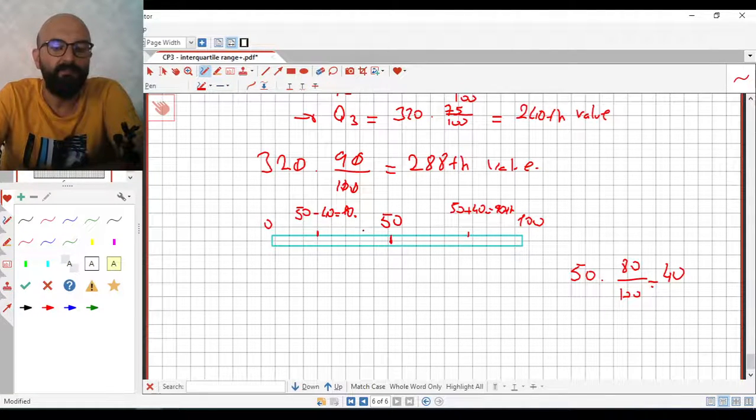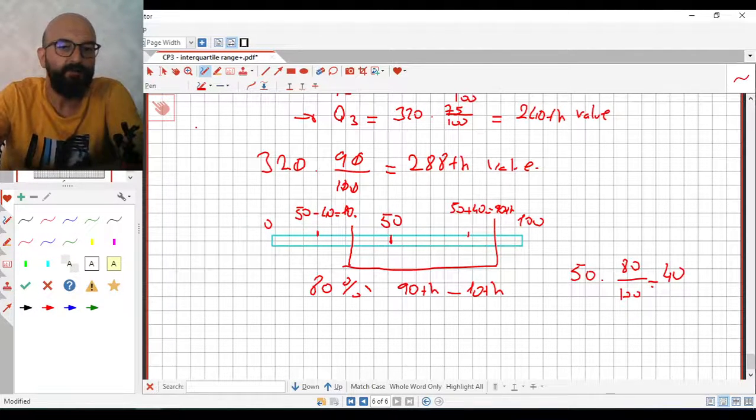So if we find the 90th value and the 10th value, we can find the range of the middle 80%: the 90th value minus the 10th value.